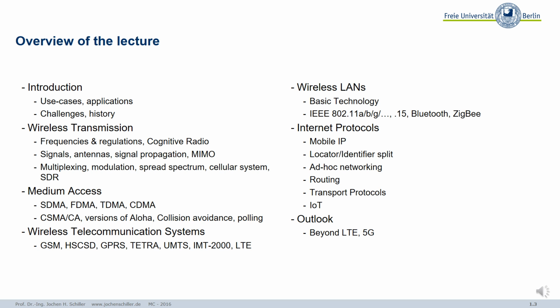So Tokyo wants to start 2020 with 5G systems, and it will be interesting to see what happens there. So basically 5G has some very ambitious goals. So we want to enter really gigabit per second for all the end users, the latency down to milliseconds.